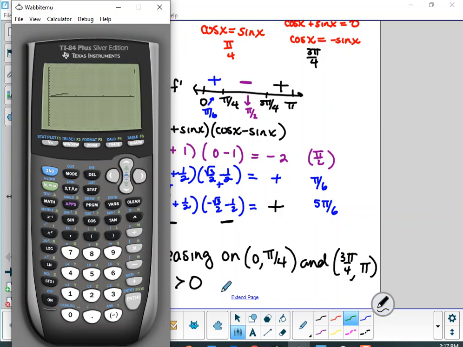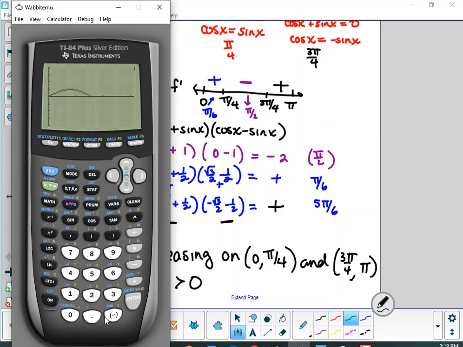So here comes the 0 to pi part. I'm going to make my y's just a little less y, so it's spread out a little bit.